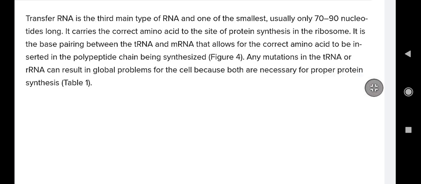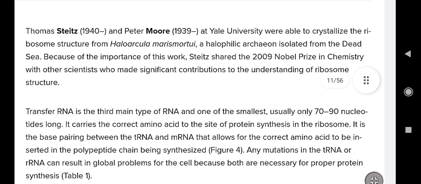And it carries that amino acid. rRNA is also required, because it is a component of the ribosome, and it allows the ribosome to specifically bind to the mRNA for initiating the translation process, as well as catalyze the peptide bond formation.